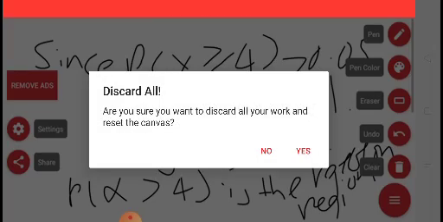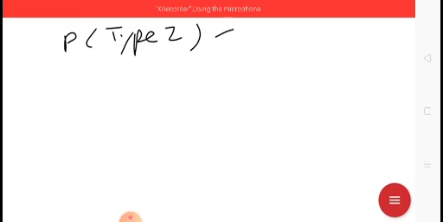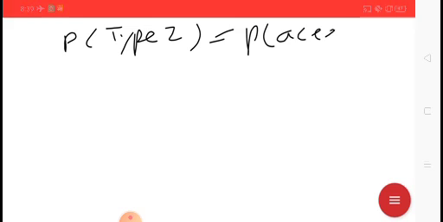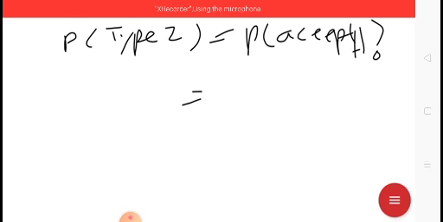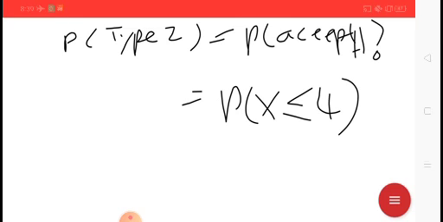Part 2. Find the probability of making a type 2 error if the mean number of severe floods is now actually 2.3. So type 2 error will be equal to when you accept H naught. Refer to the previous question: you reject when X is larger than 4, so you accept when X is less than or equal to 4, the opposite direction.